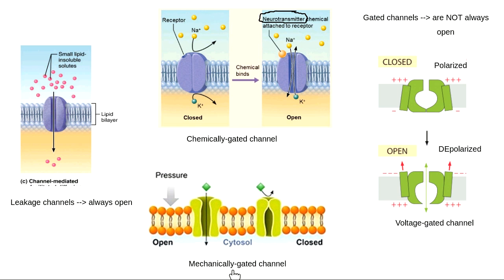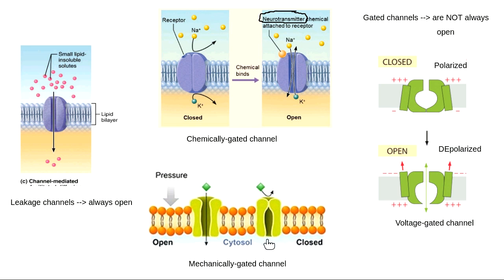It's something that your physics class will call mechanical energy when you're physically pushing on something. So the final way that I can open up my channel protein is by pressing on the membrane or pressing on the protein. When something bumps into it, it opens up. Otherwise, when nothing's bumping, it's closed for us.